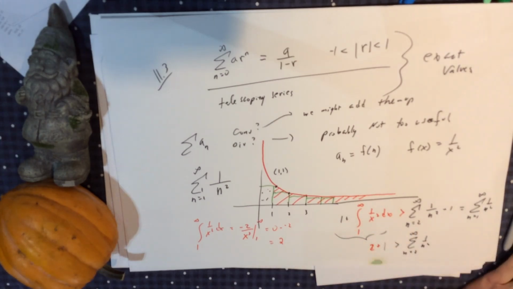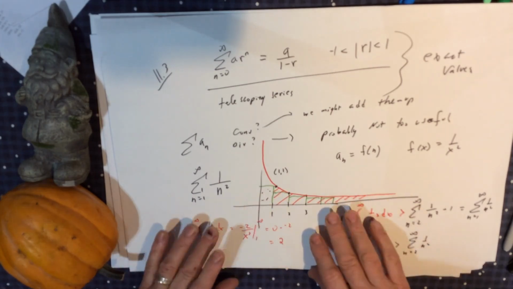Now, what's neat about this is we had a theorem before that said if a series is bounded above, then it's convergent. So this thing must converge. But I don't know to what. So, well, that's a very useful little fact there.